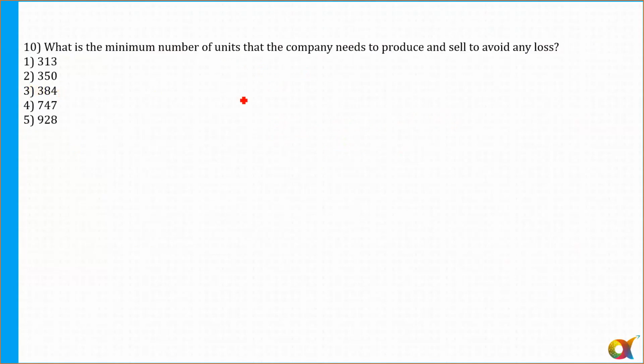Question 10. What is the minimum number of units that the company needs to produce and sell to avoid loss? Selling price for X units is equal to 125X, it was given. And the cost price is equal to 100X plus 9600.